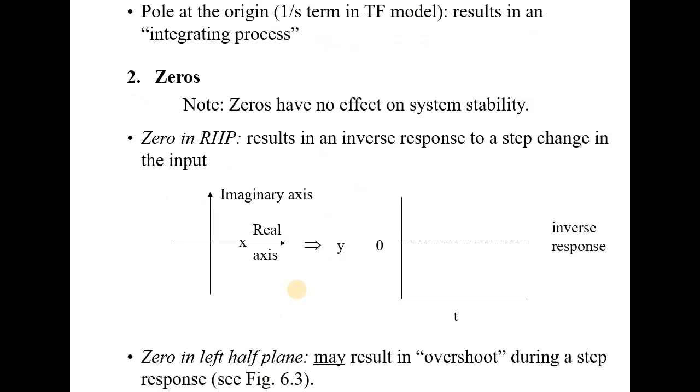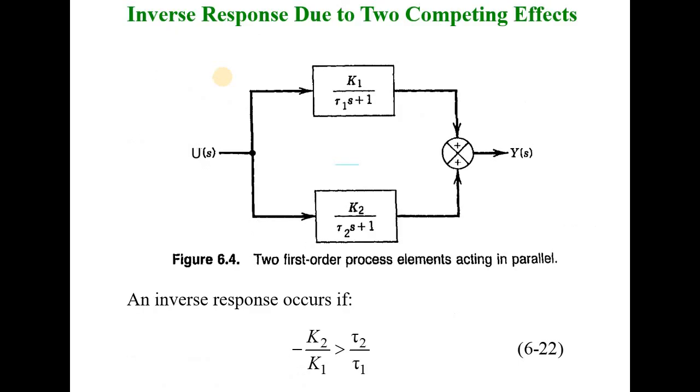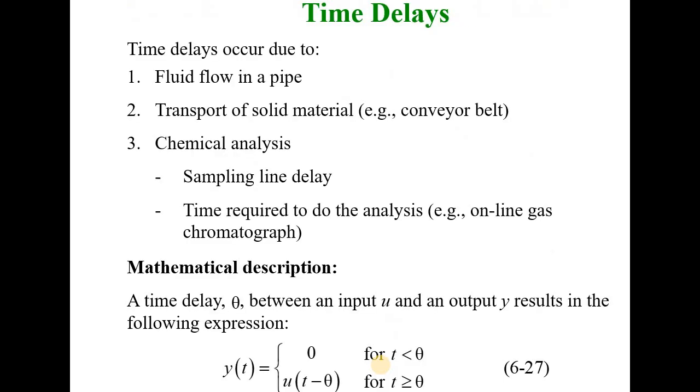And about the zeros, if it is closer or dominant to the imaginary axis, it will have an overshoot or undershoot. This is the case that we have discussed, and we showed how to derive this equation here. So these are the effects of poles and zeros.